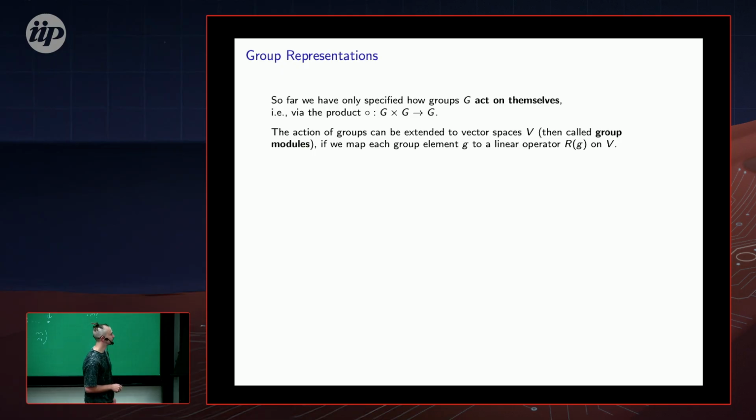We will call these group modules, a vector space that admits an action of a group. And the way we do this is we map in a certain kind of not arbitrary, constrained way. There will be conditions on the way we map group elements to linear operators, essentially invertible linear operators on this vector space.